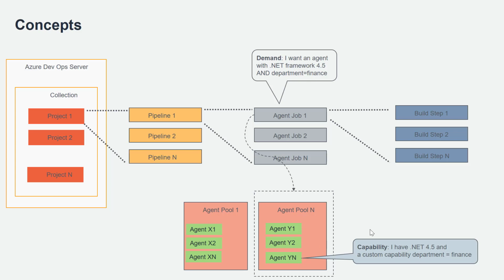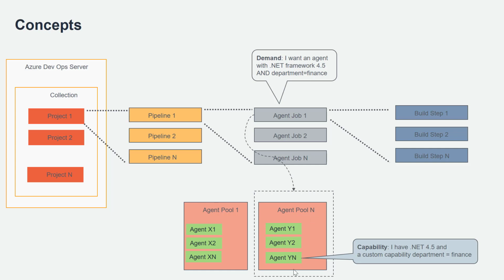In that case, you can define, hey, I want an agent with AWS PowerShell tools already installed. Maybe you are going to execute a special build process that needs special libraries installed. In that case, you can define these capabilities and target agents based on those capabilities.